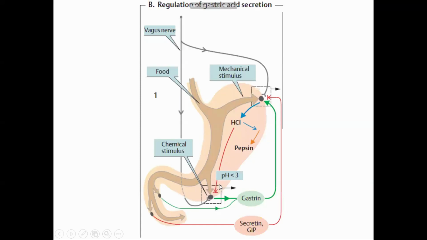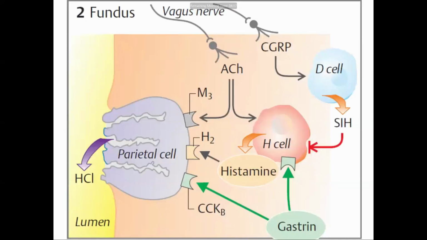High acidity will also stimulate the somatostatin cell. If the lumen of the stomach becomes more acidic, the D cell will be stimulated as well as the G cell will be inhibited. So this is also the same.